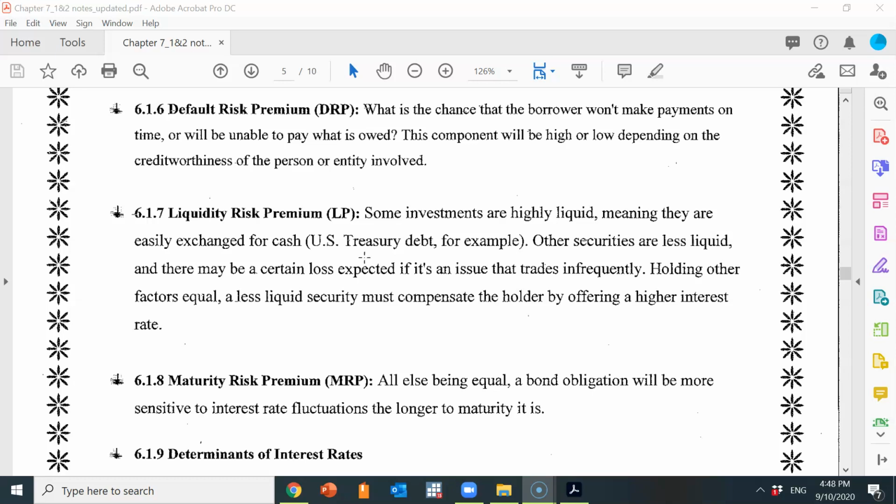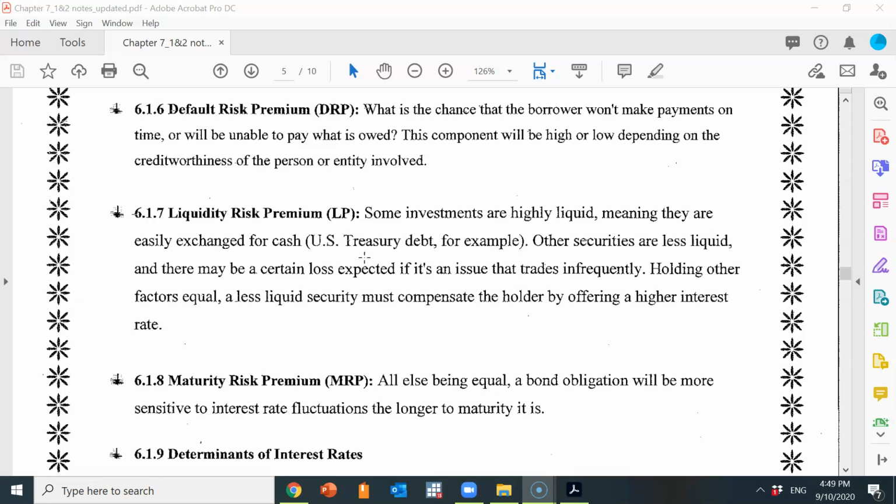However, for some other bonds, such as corporate bonds, especially for those smaller firms that are not famous, there are not many people knowing about them, and there are fewer buyers or sellers in the market. So if you hold such bonds, whenever you are in urgent need of cash, it's hard for you to find a buyer and trade for cash. You could have a discount in the price when you are selling.